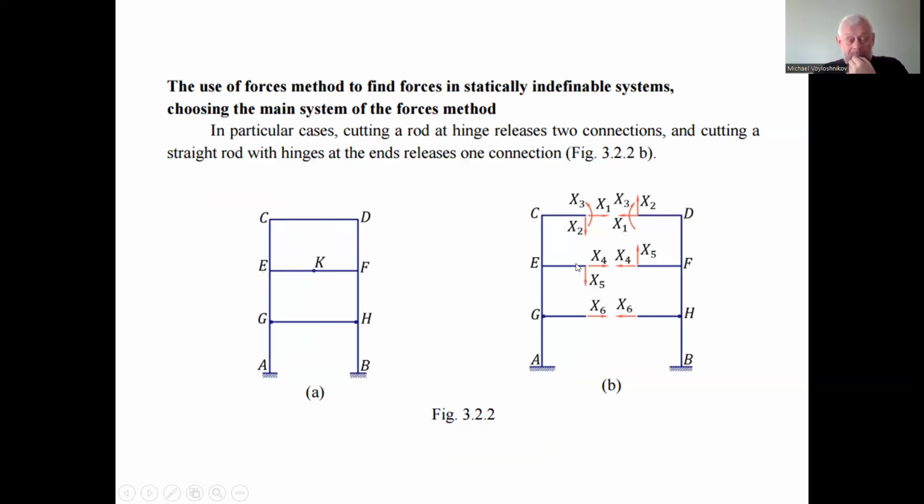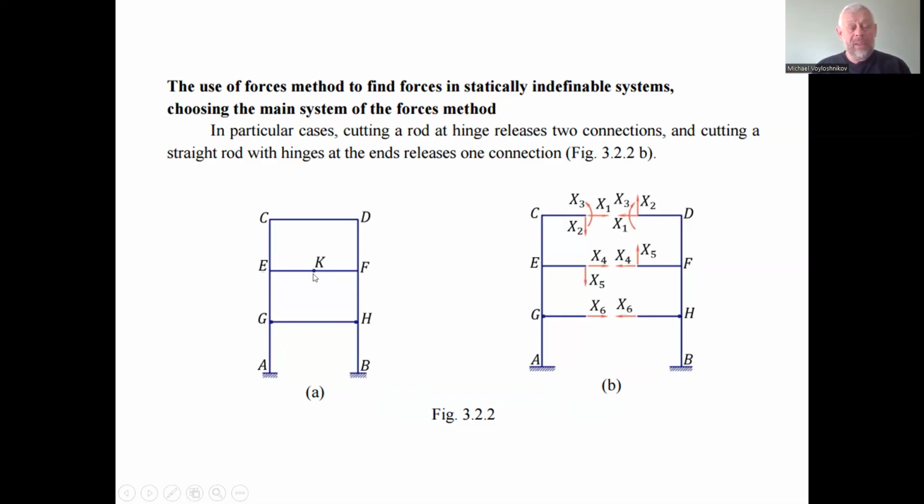So what we have, cutting the rod with rigid ends and with no hinge inside, we have three new variables subject to find: x1, x3, and x2. This is all when making the main system from the assigned statically indeterminate system. And we have the symmetric variables on the other side. These are efforts acting in the connection, assuming it is cut by the section.